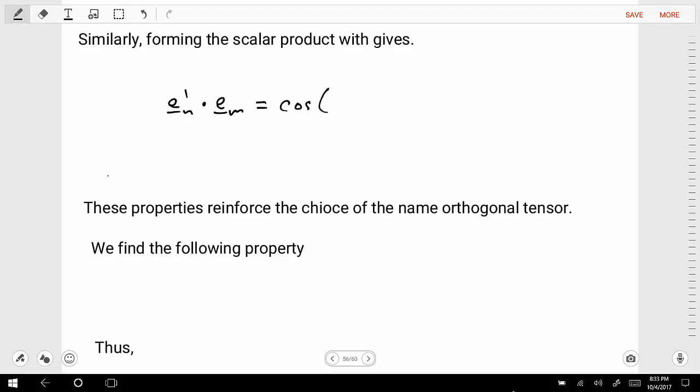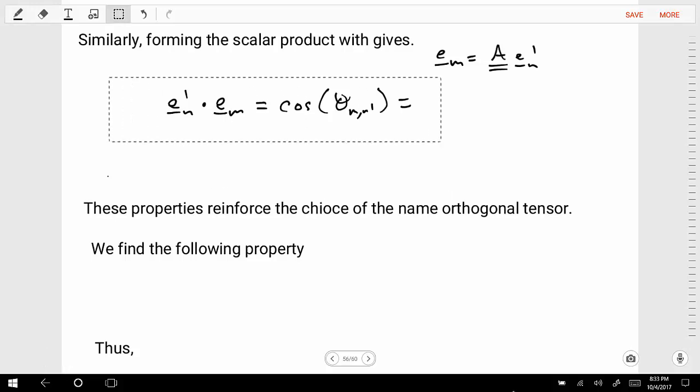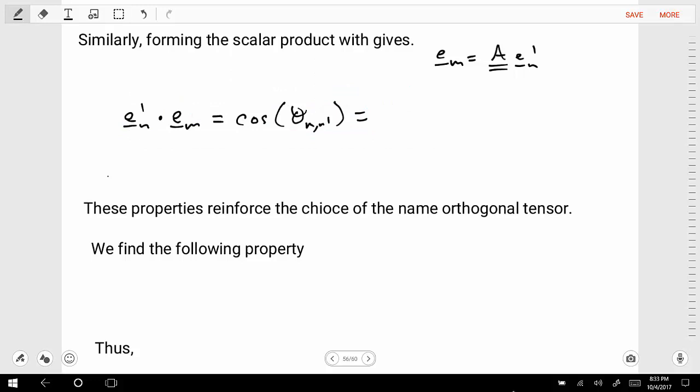So we simply end up with cosine theta of m n prime. And we can do the same process of taking what we know about e_m being equal to A e_m prime and place that into our equation. So substitute that in, and we get e_n prime dot A dot e_m prime.